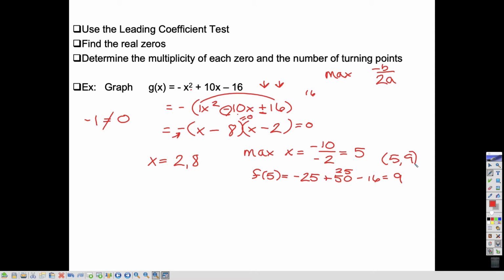Okay, so now 1, 2, 3, 4, 5, 6, 7, 8. So I need a 0 at 2. And I need a 0 at what? 8.